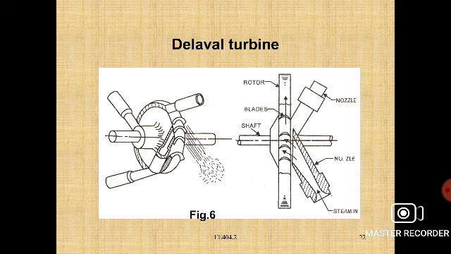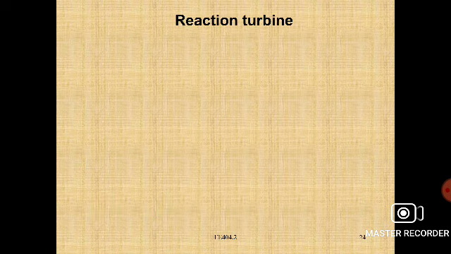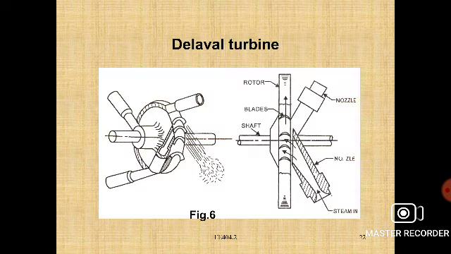So this is the figure of the De Laval turbine, consisting of a shaft, blades and a rotor. A nozzle is provided to supply the steam, and the blades rotate continuously at high speed. That is the main construction of the De Laval turbine.